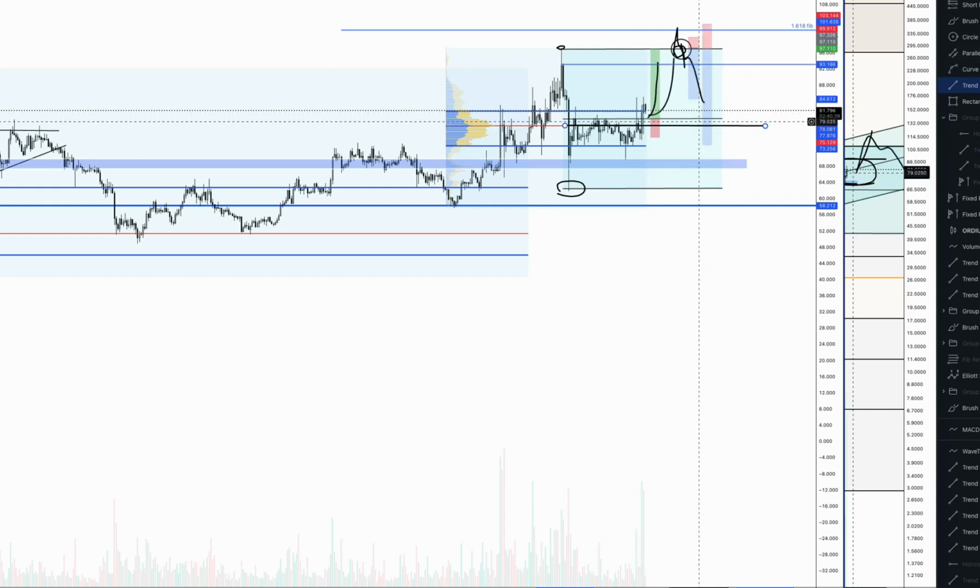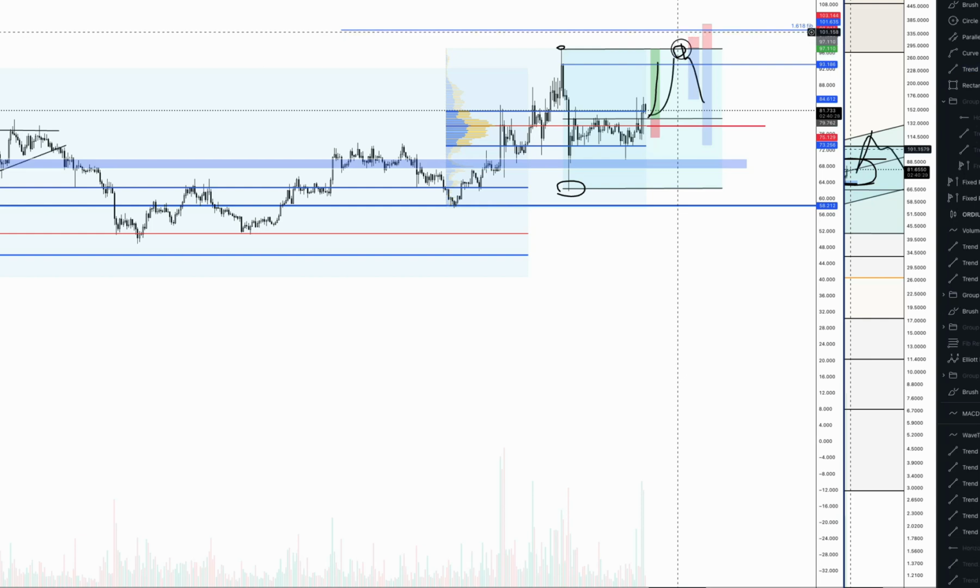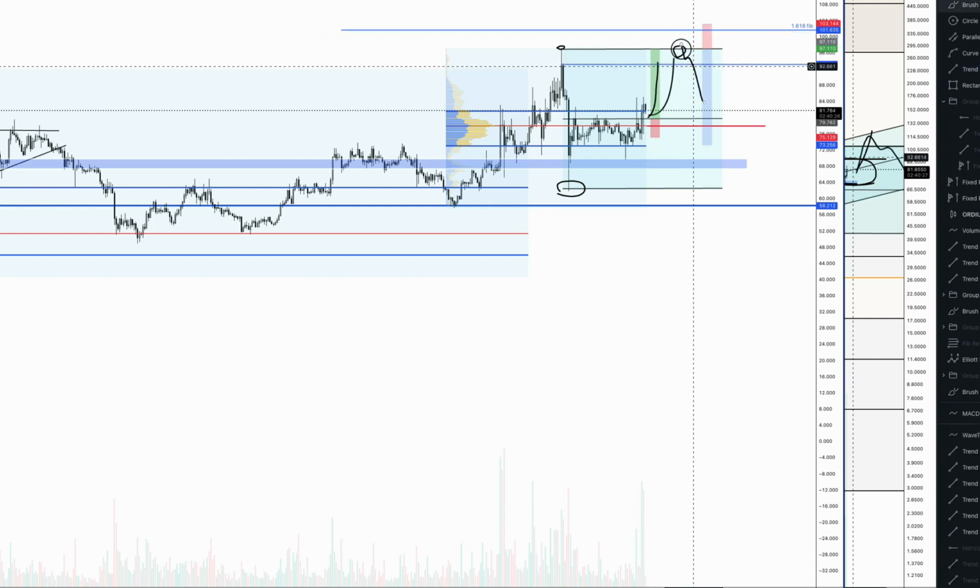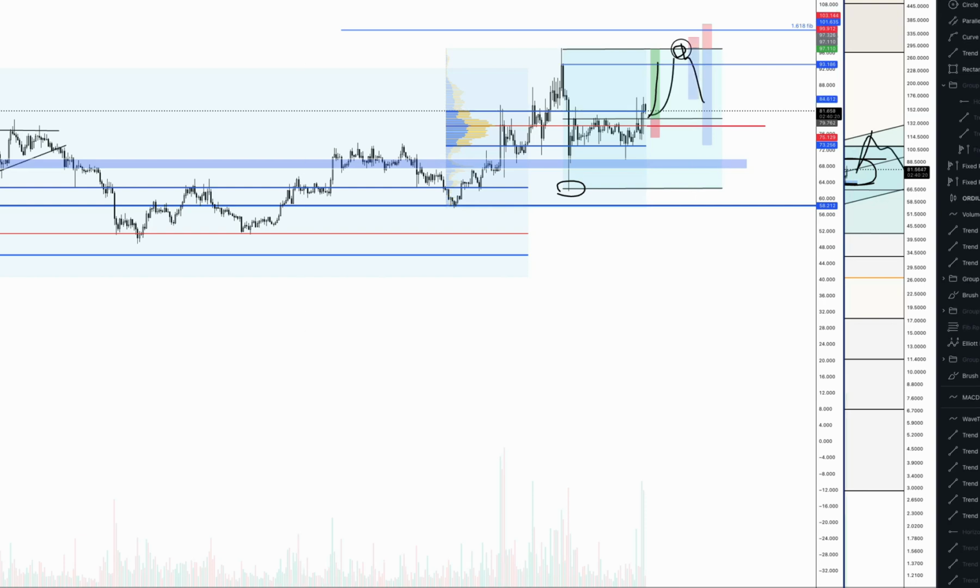However, on the way down, we might get the point of control here as support as well. And we're just going to trade the range. There's not much really else to talk about. That level I do expect to go long, and that level to go short.